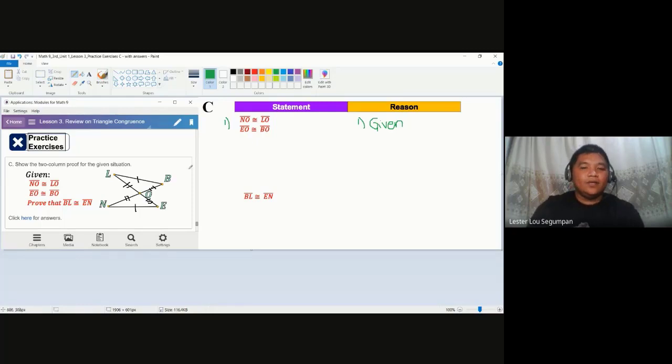We are already given that. Let me erase this. This is the item that we'd like to prove. I'm given that NO and LO are congruent. I already marked it here, as well as BO and EO. So we already have two sides.